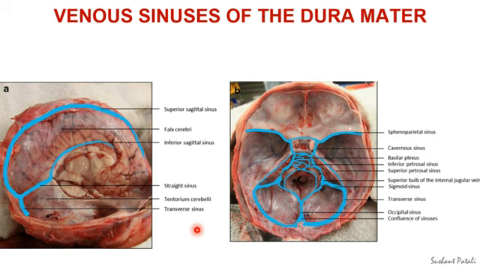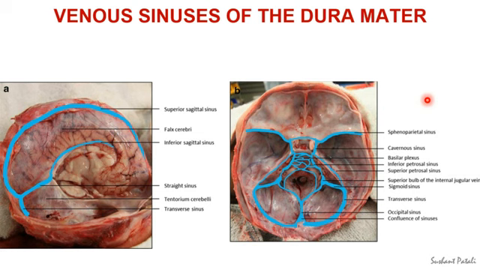In the cranial cavity, the deoxygenated blood is drained with the help of a special arrangement of spaces filled with blood, formed between the folds or layers of the dura mater, known as dural venous sinuses. The dural venous sinuses are different from veins, but the basic function is the same: veins carry deoxygenated blood away from the organs, and the dural venous sinuses carry deoxygenated blood away from all the structures within the cranial cavity.